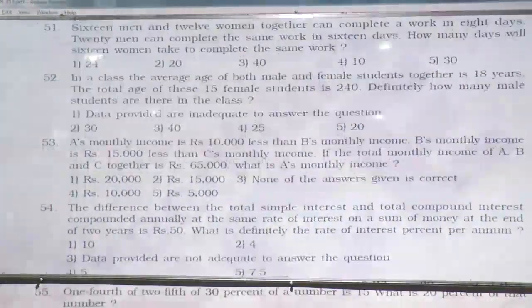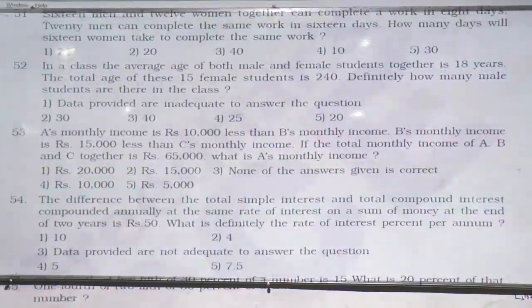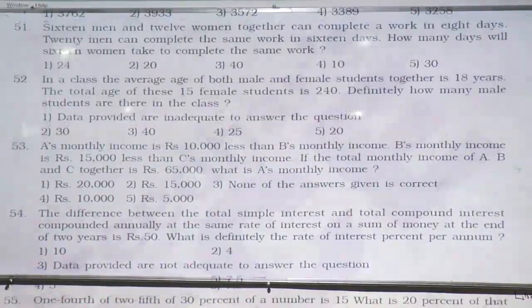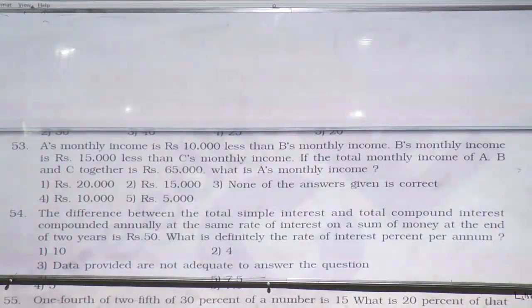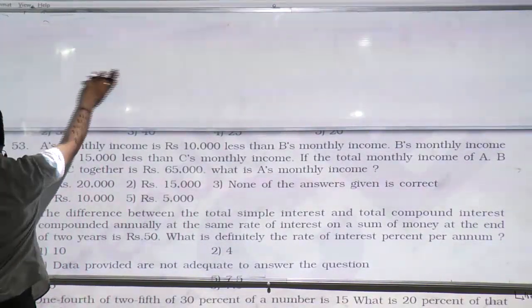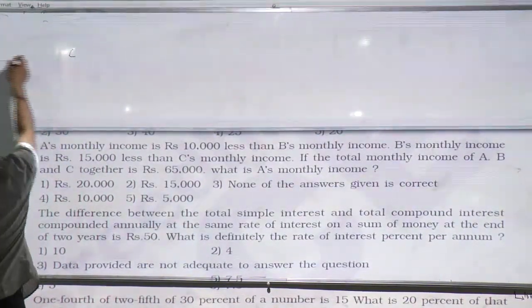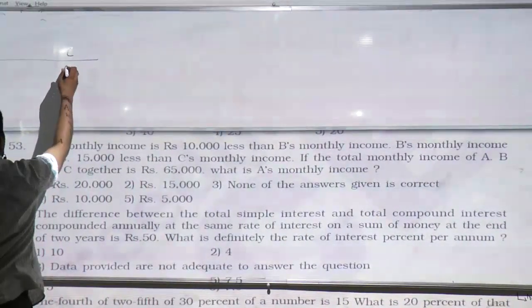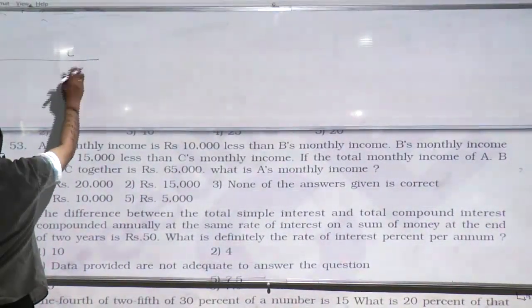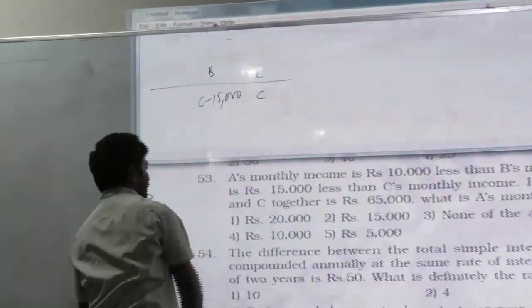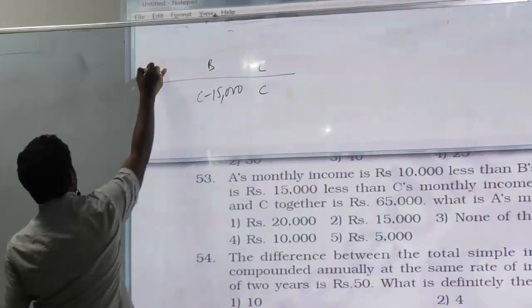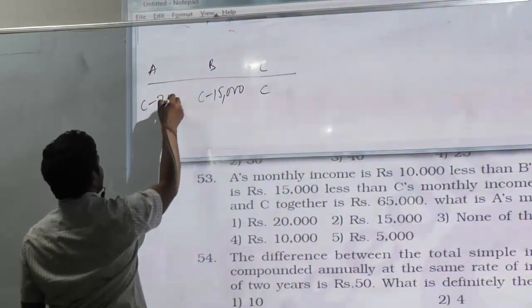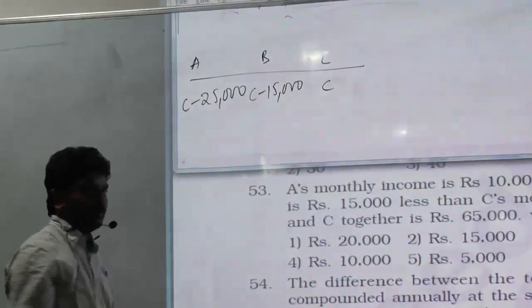A's monthly income is 10,000 less than B's monthly income. B's monthly income is 15,000 less than C's monthly income. Now, let me treat C's monthly income as C, B's monthly income as C minus 15,000, and A's monthly income as C minus 25,000.